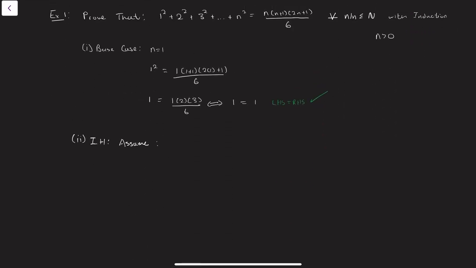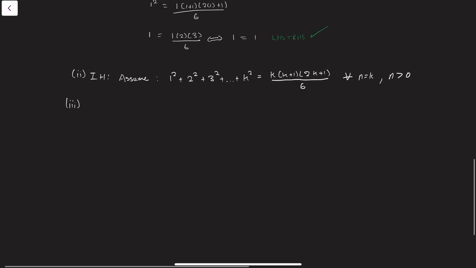So assume that we have 1 squared plus 2 squared plus 3 squared plus dot dot dot plus k squared is equal to k plus 1, 2k plus 1, all over 6. Great, and that's it for our induction hypothesis. And we can say for all n is equal to k, where n is greater than 0 since it's a natural number.